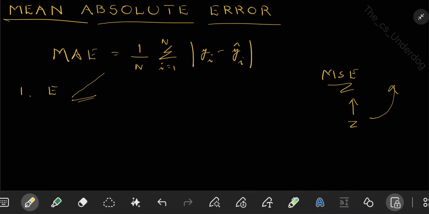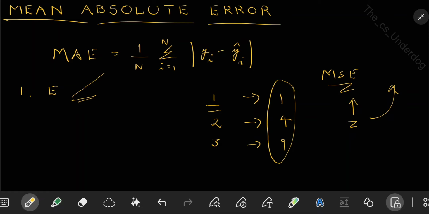Because you were squaring errors. If your actual error, that is yi minus yi cap, is 1, when squared, it will stay 1 itself. But if it is 2, when squared, it will become 4. If it is 3, when squared, it will become 9. Which means your errors will grow in an exponential manner or in a squared manner.